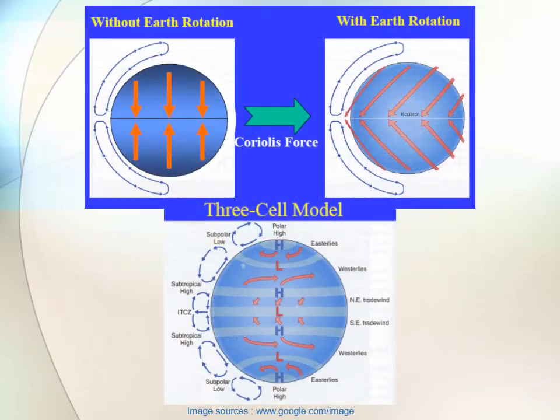So if we consider a non-rotating homogeneous earth, homogeneous means that there is no difference or no contrast of land and water or mountains or grasslands over the earth's surface.